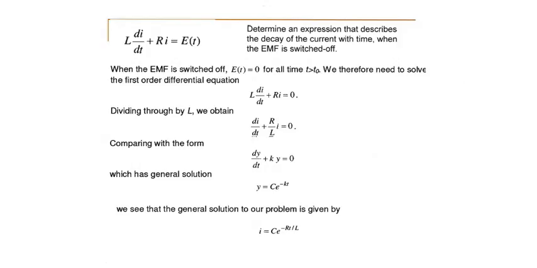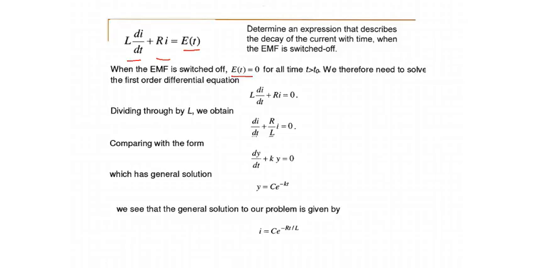So the voltage that I'm applying needs to equal the voltage over the inductor plus the voltage over the resistor, and when time equals a certain time, I've decided I'm going to switch it off, and then I'm going to have no voltage applied.